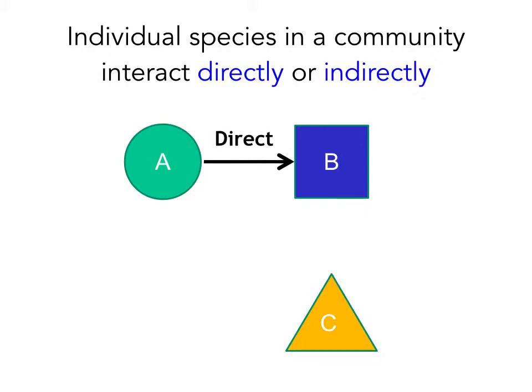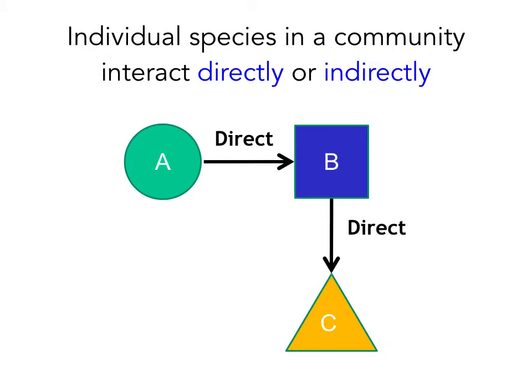We might imagine that A and B are perhaps predator and prey, and therefore this would be a very direct type of interaction, and hence we refer to it as such.